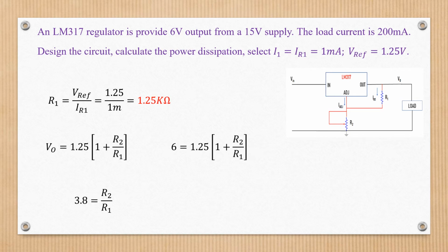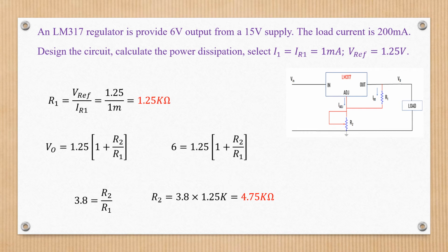Similarly, we can substitute the value of R1 also. So here we get a relation R2 will be equal to 3.8 times R1. Since we know the value of R1, we get R2 is equal to 4.75 kilo ohm. So in this way, we have obtained the values of R1 and R2.